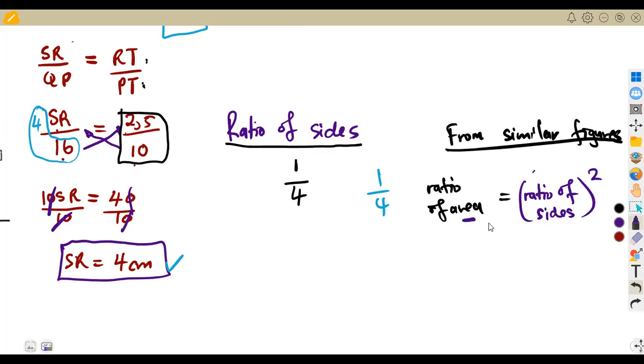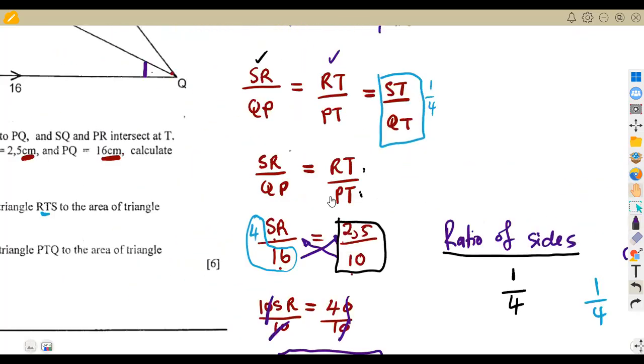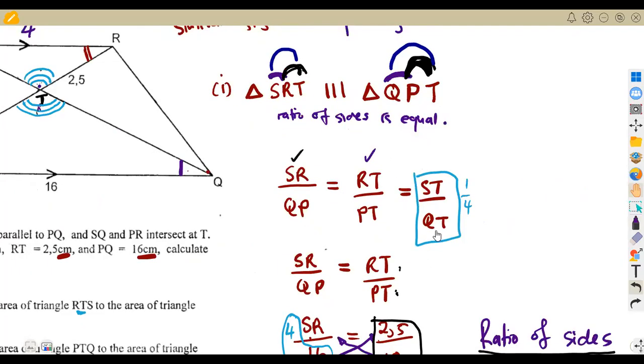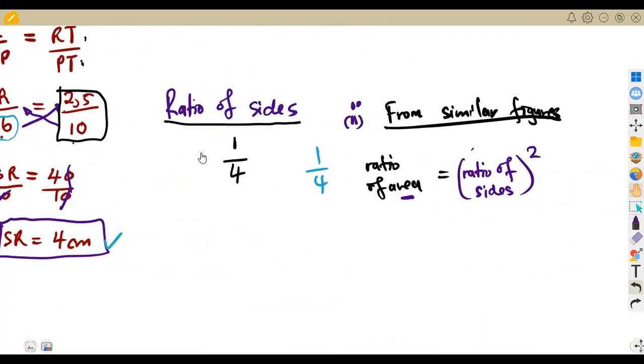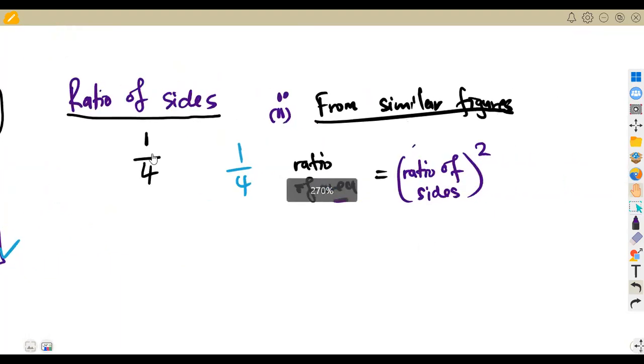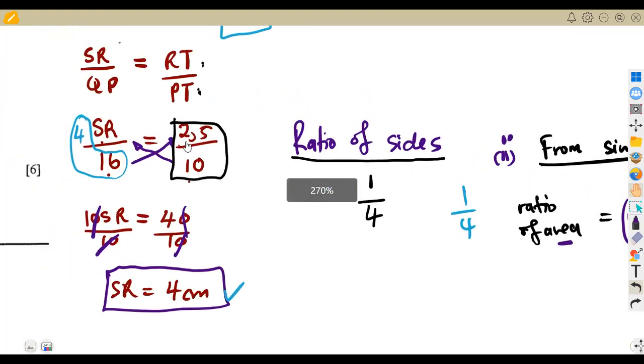Area, remember, is measured in square units. So meaning to say, to answer our item 2 in this case, which is asking us to calculate the ratio of areas of these two triangles, we calculated before their ratio of sides. And we said the ratio of sides of these two triangles is 1/4, which you can take from any corresponding ratio that you have. 2,5 over 10 gives you the ratio of sides.